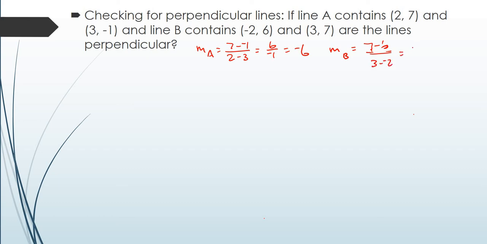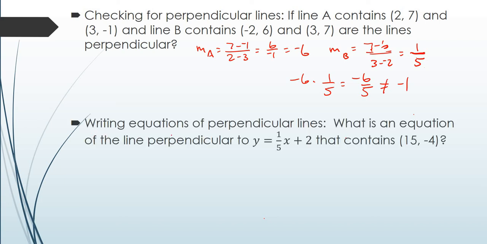So that's 1 over 5. They're not reciprocals because that doesn't say 6. So these are not perpendicular lines because -6 times 1/5 is -6/5, which does not equal -1.